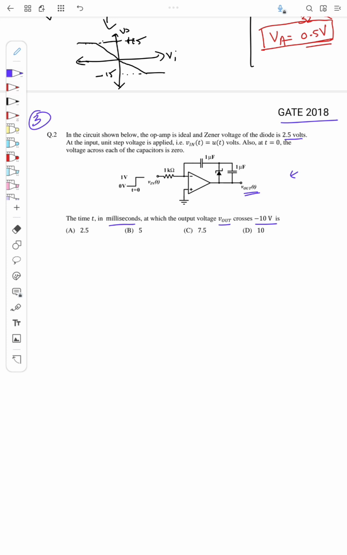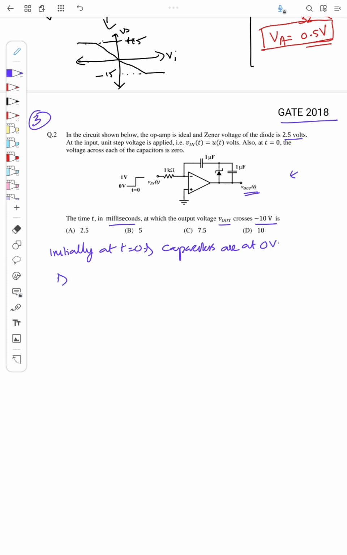So we'll see this. Initially, at t equal to 0, the capacitors are discharged, or are at zero potential, right?